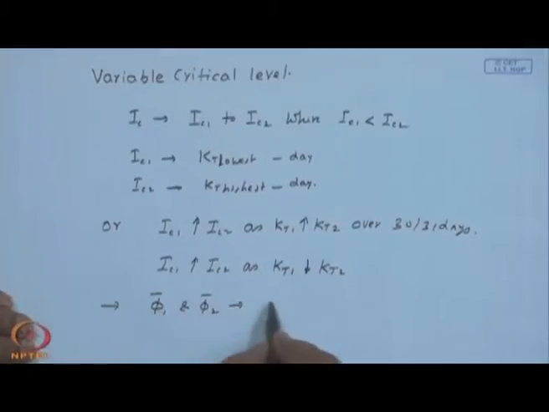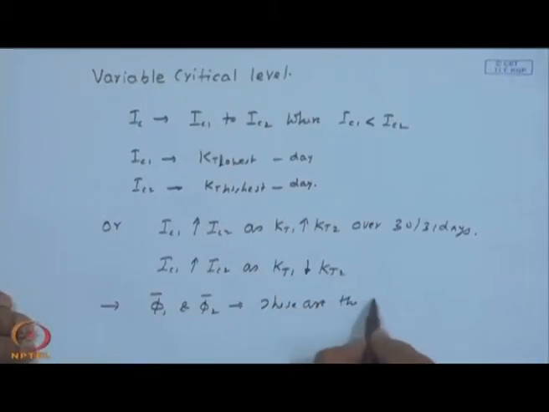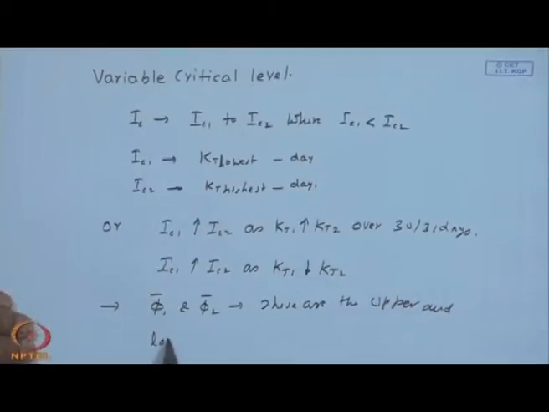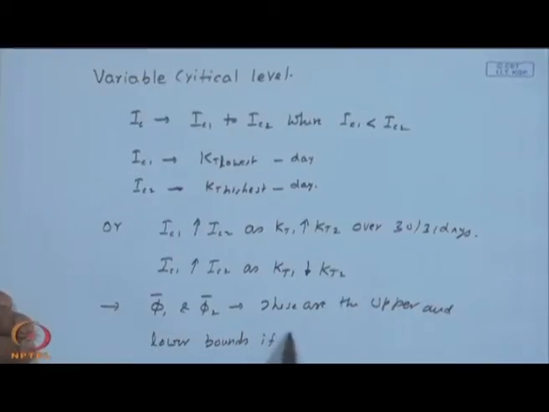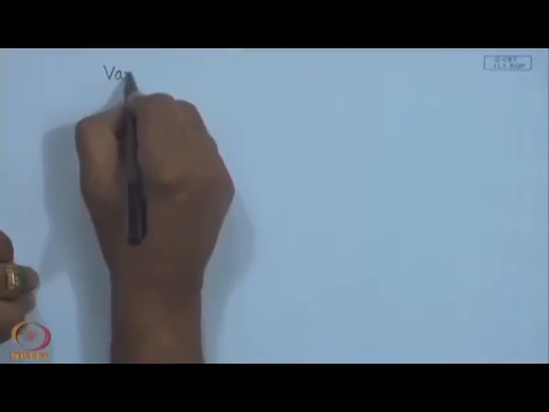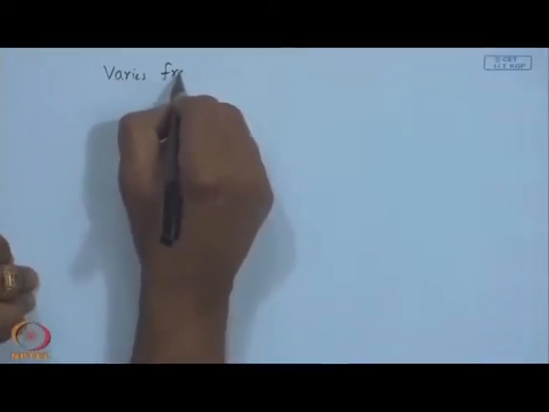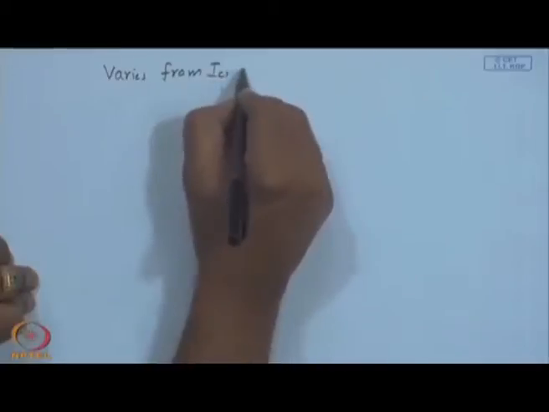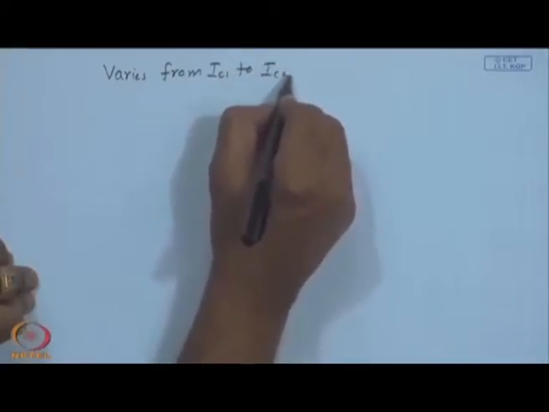So, these are the upper and lower bounds if the critical level varies from IC 1 to IC 2.